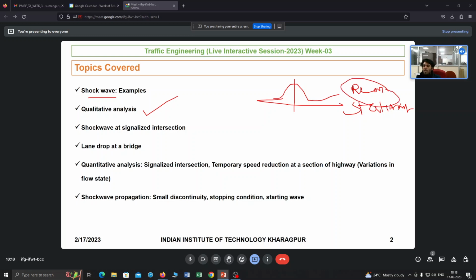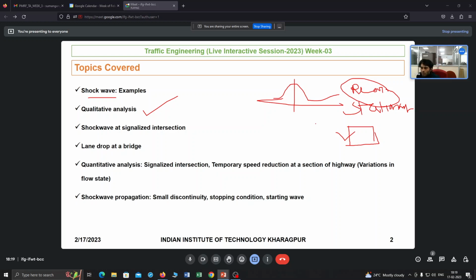So why is it rear? The frontal one is at the front end or the downstream end of the congested region. And if you have a shock wave which is generated at the back, right here, it is called the rear stationary. It happens whenever your demand has increased and then decreased to the capacity value.